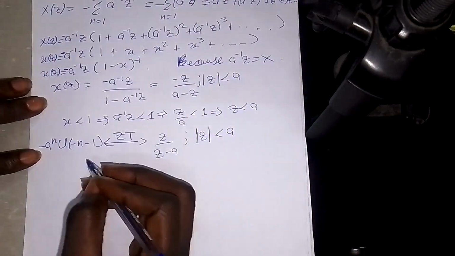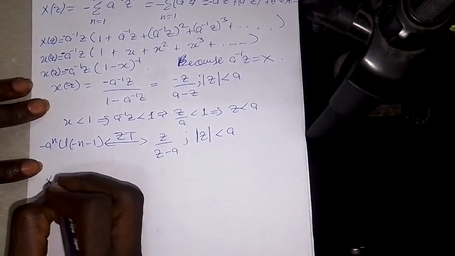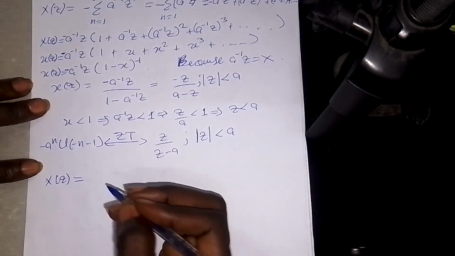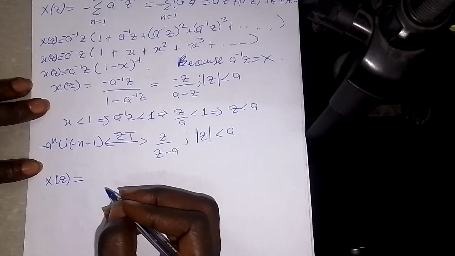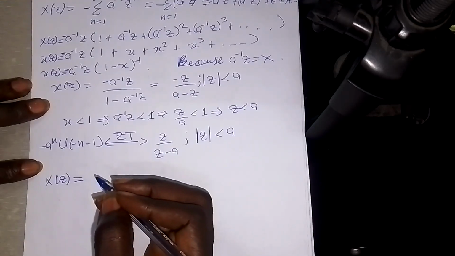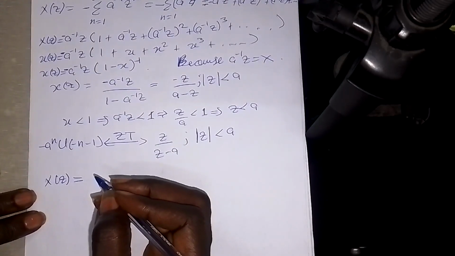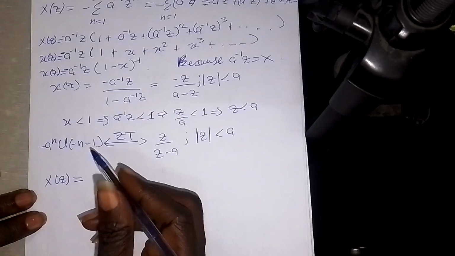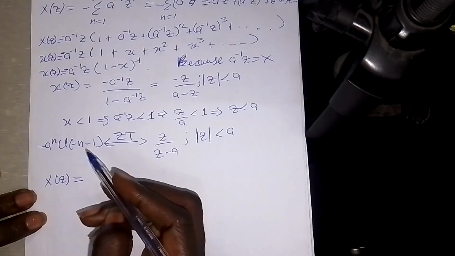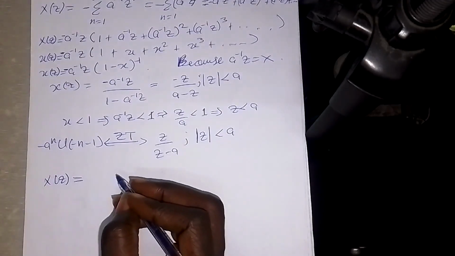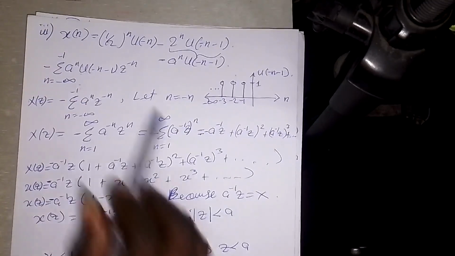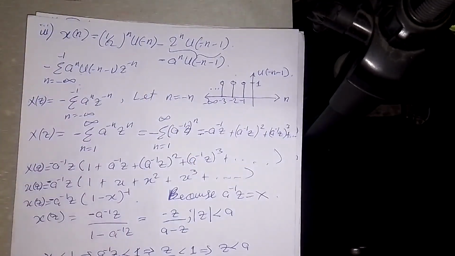So if I apply the knowledge to it, then I'm going to have X of Z equal to Z over... onto what I'm given here. First I will deal with this particular aspect, which is very simple to deal with.